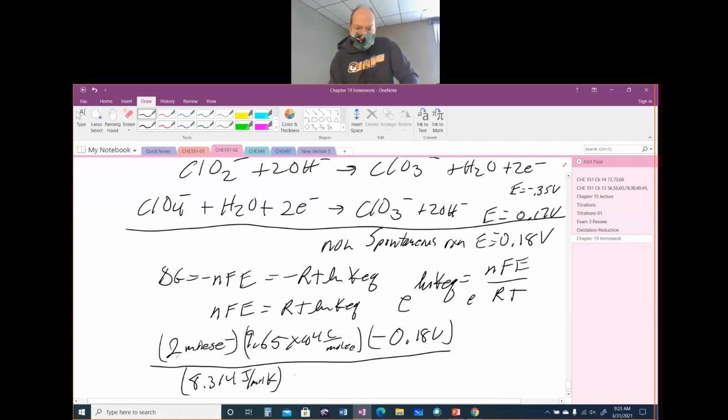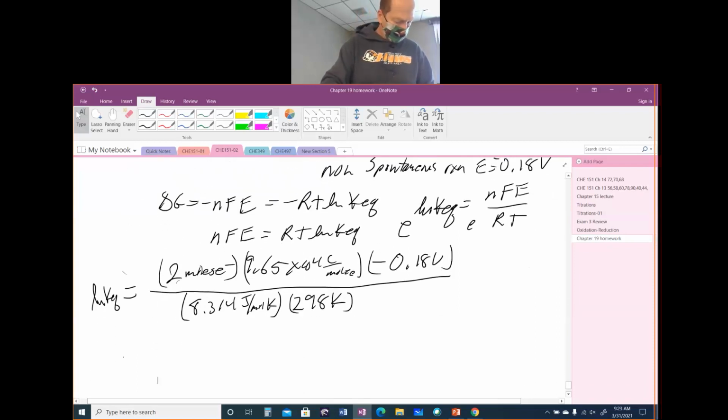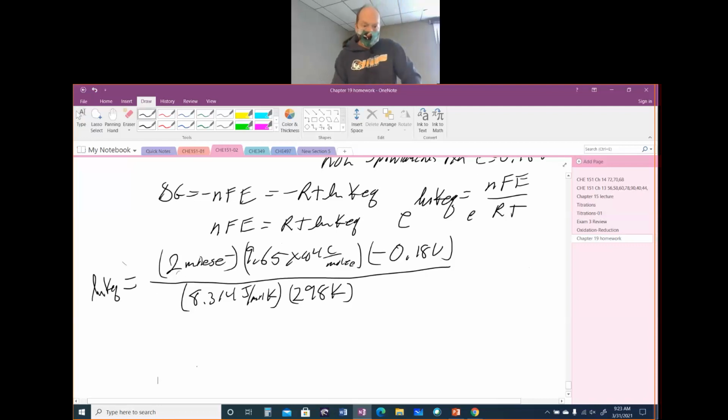And then the temperature is 298 Kelvin. So that's all equal to your ln of KEQ. Then you would push your e to the x button to get KEQ is equal to 8.1 times 10 to the minus 7.